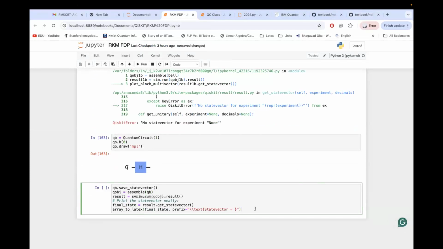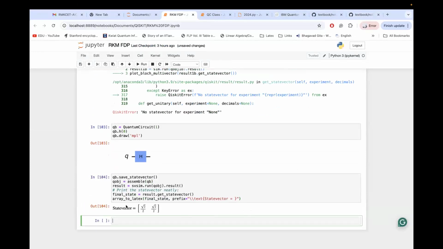So the system is initialized in the 0 state. After that, I applied the Hadamard operator. This Hadamard operator, I already told you, is a quantum superposition gate. So because of that, this 0 state is undergoing unitary evolution, and it changed to 1 by root 2, 0 plus 1. That means 1 by root 2, 1 by root 2. This is a 2 cross 1 matrix I'm getting.